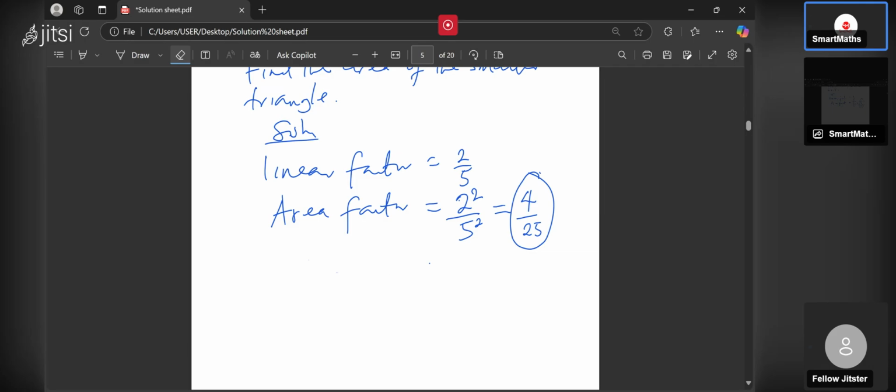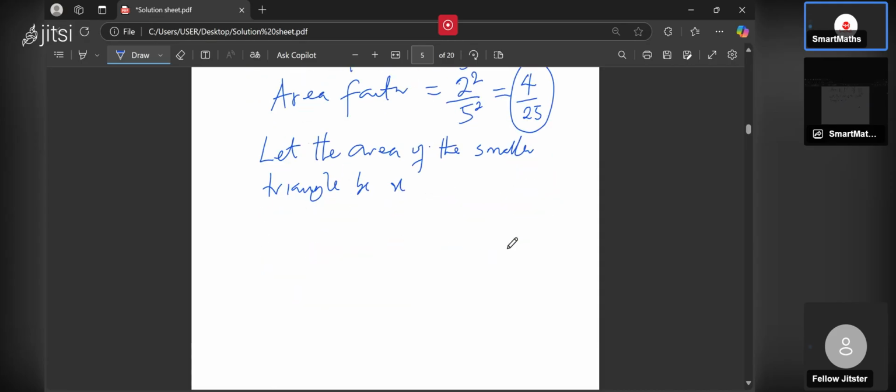So let me clean this so that I can re-explain this side. We have known the area factor to be 4 over 25. We are looking for the area of the smaller triangle, so we let the area of the smaller triangle be x.